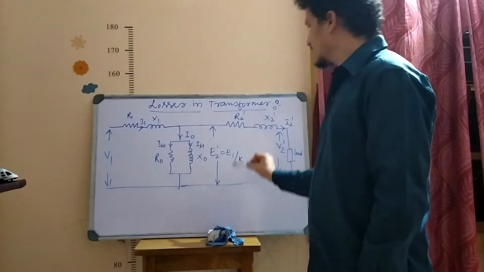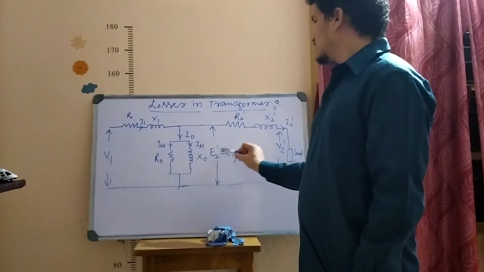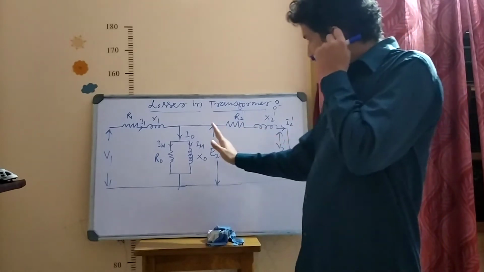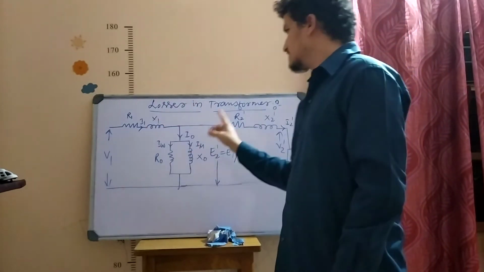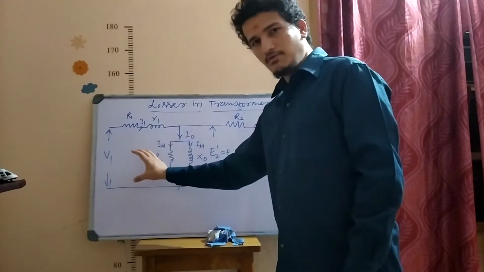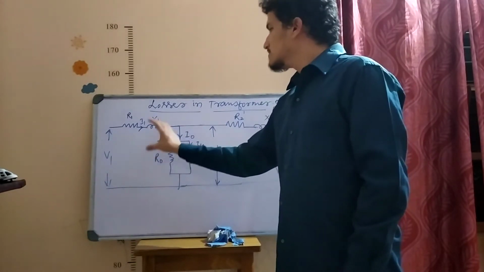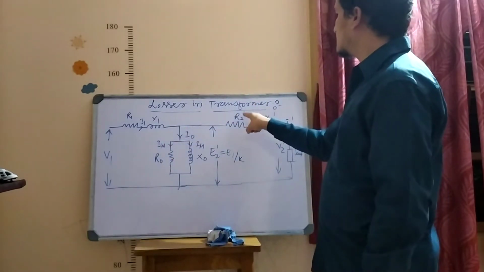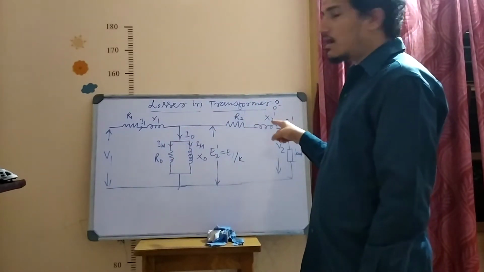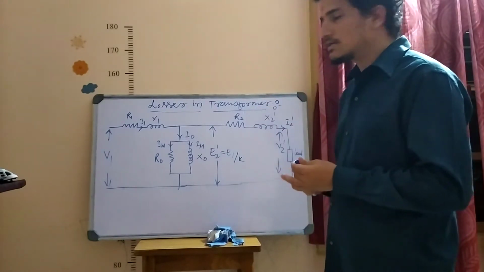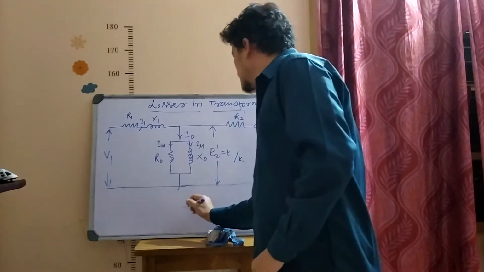Here E2 dash is given by E1 by K, meaning we refer the complete transformer circuit to the primary, so the secondary parameters become R2 dash and X2 dash. How I derived R2 dash and X2 dash is very simple.